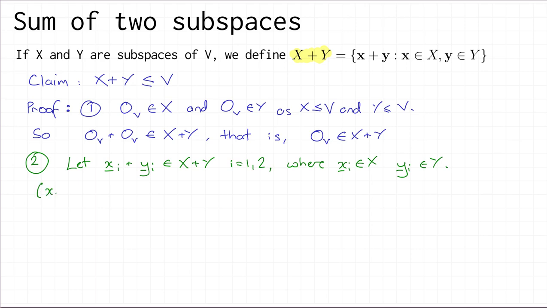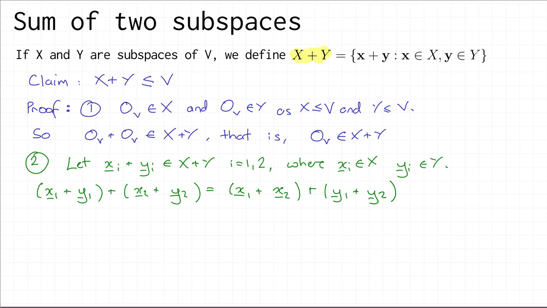But if I take their sum, x1 plus y1 plus x2 plus y2, then because vector addition is always associative and always commutative, so those are vector space axioms, I can rewrite this as x1 plus x2 plus y1 plus y2.